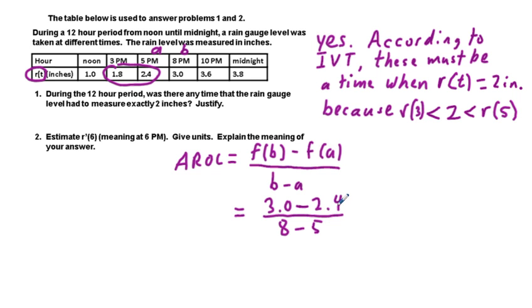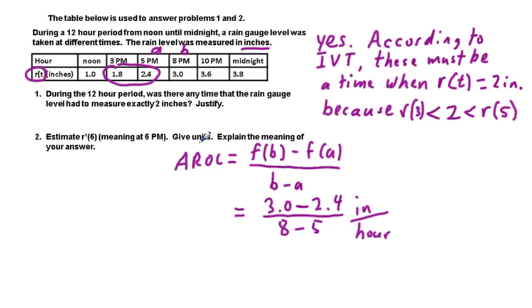I think we're going to end up getting 0.6 over 3, but so we've done this, and now the units are going to be inches, right? That's what our units are. Rain gauge level was inches, so inches per hour.